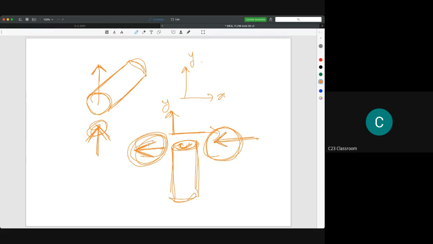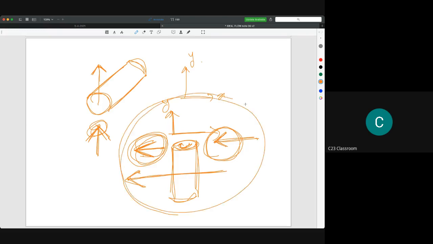Ia menyebabkan silinder ini bergerak dalam arah horizontal. Di dalam keadaan ini mungkin kurang jelas sama ada daya yang bertindak adalah drag force ataupun lift force. Selalunya kita akan klasifikasikan bahawa daya yang bertindak di sini sebenarnya adalah drag force.